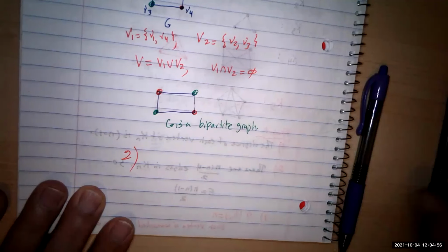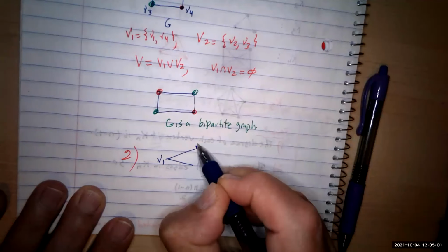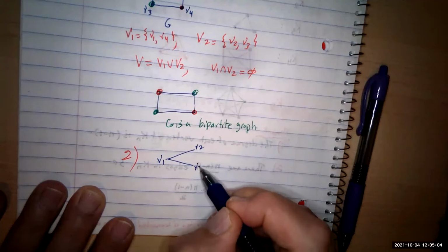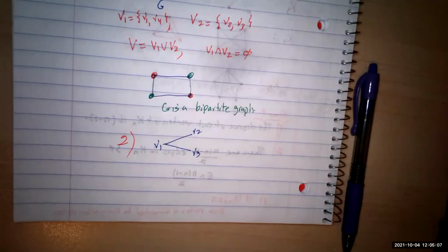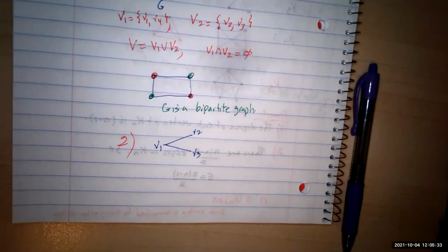Okay, but another one is this one. That's a V1, a V2, and a V3. Any suggestion for this one? Divide them in two groups so that if there is any connection, the connection must be outside the group. V1 by itself and then V2 and V3. That's it, yes, this is it.